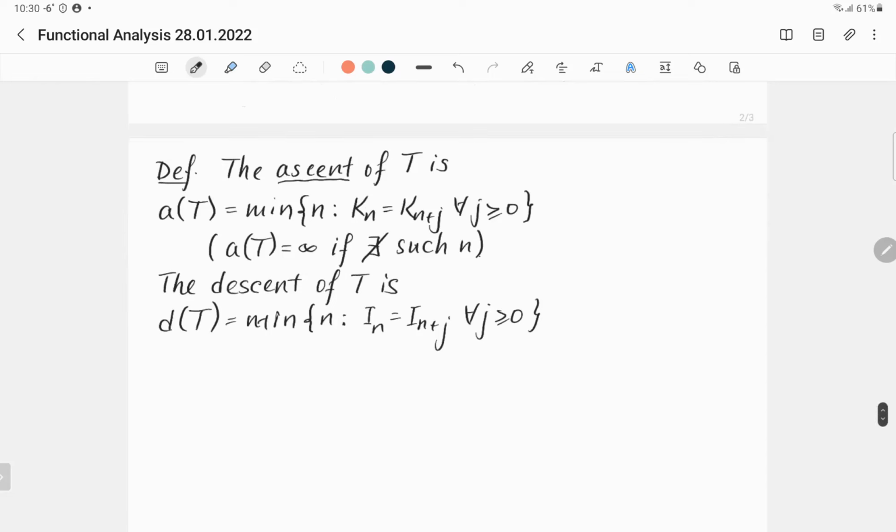And similarly, we say that the descent is infinite if there is no such n. In Russian, ascent is подъем. Descent, спуск.